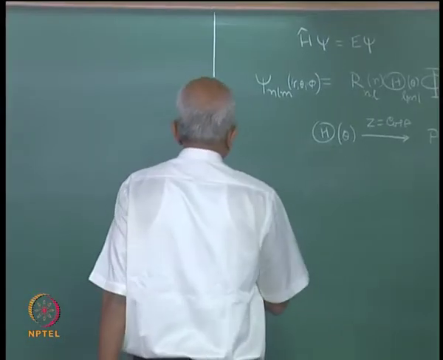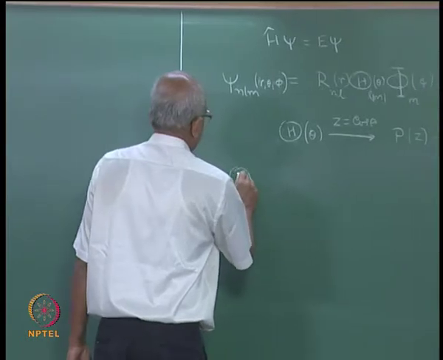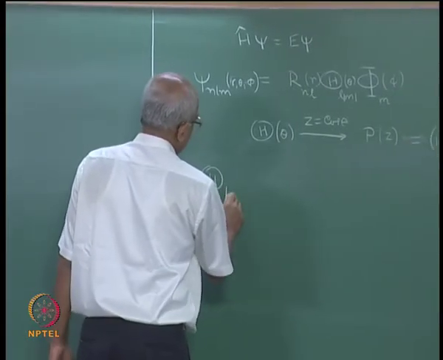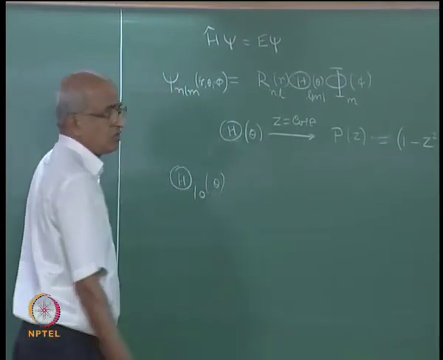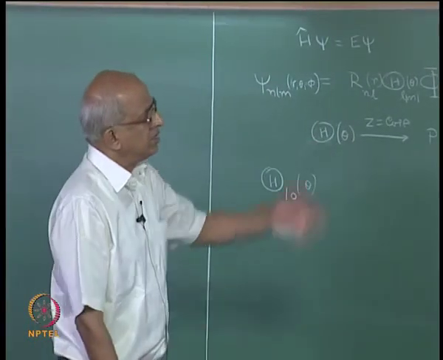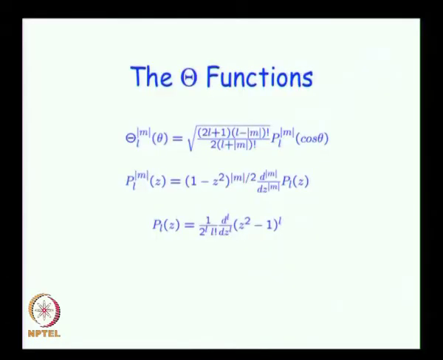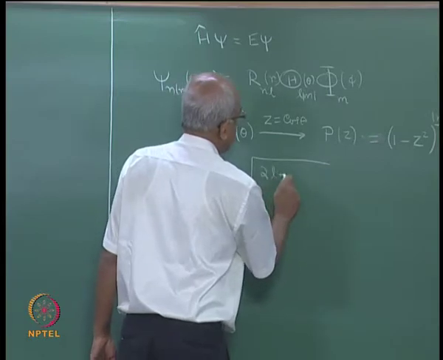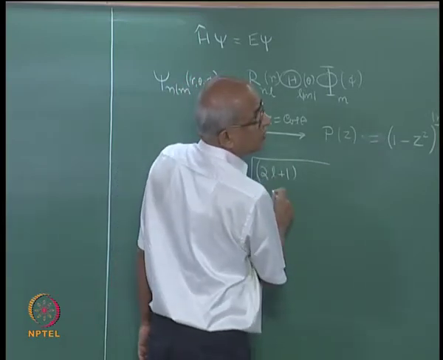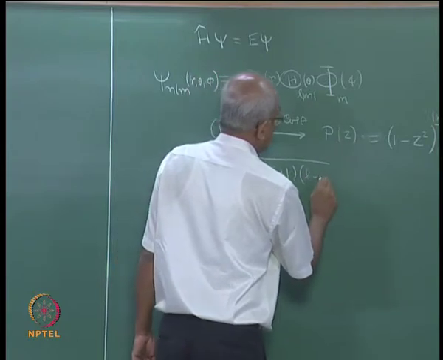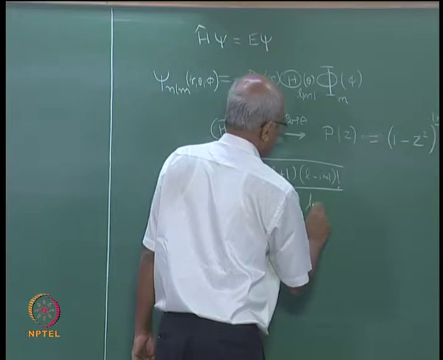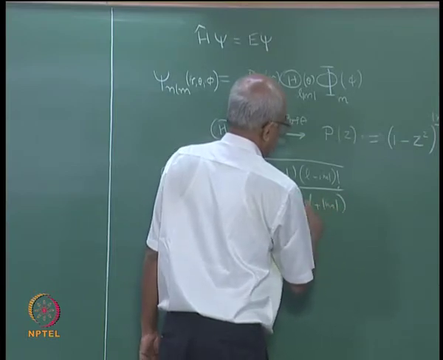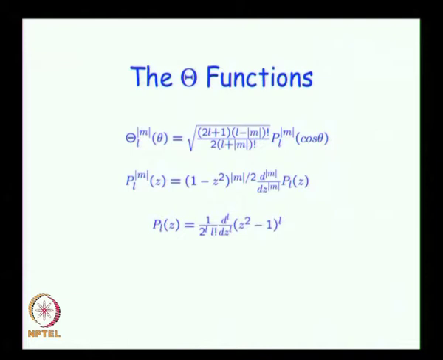For example, let me imagine that I am interested in theta 10 of small theta. The formula will give me that square root sign. Why do you have this factor square root of 2L plus 1 into L minus m factorial divided by L plus m factorial, and there is a 2 here?